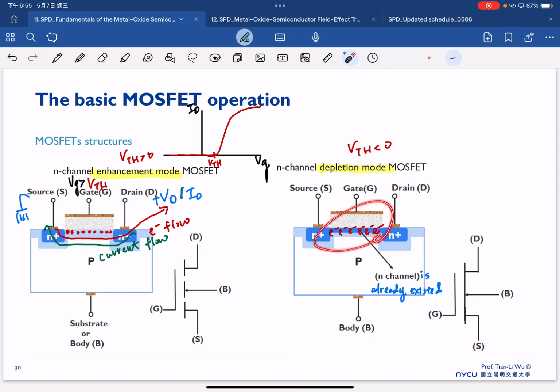So the next stage is that a negative VG is needed to turn off the channel.